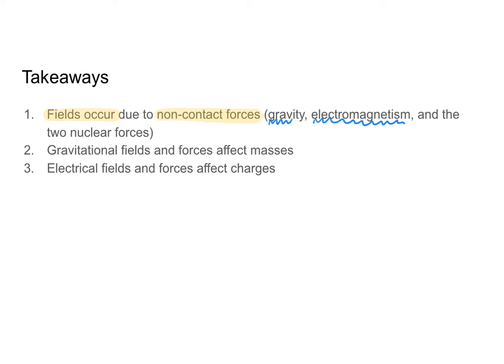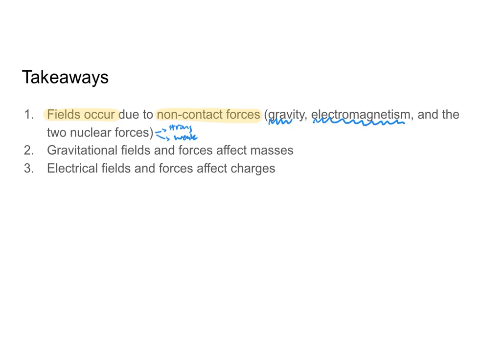In addition to gravity and electromagnetism, there are also 2 nuclear forces, the strong and the weak nuclear force. And again, we're not going to be talking about that in IB Physics 1. In IB Physics 2, however, we're going to cover what the strong and weak nuclear forces act upon, how they act, the distance over which they act, and so on.